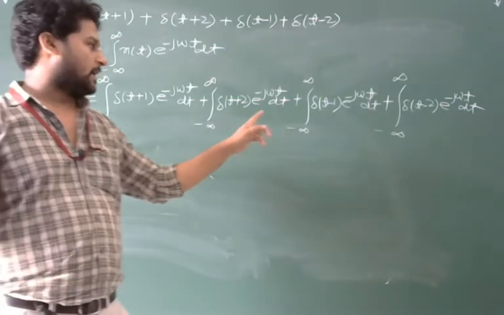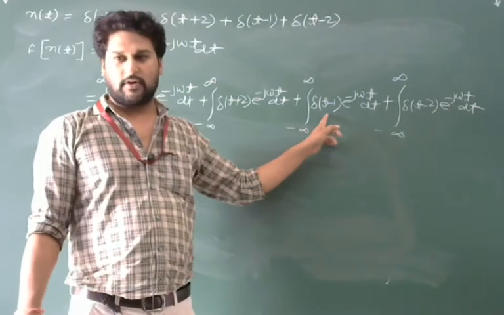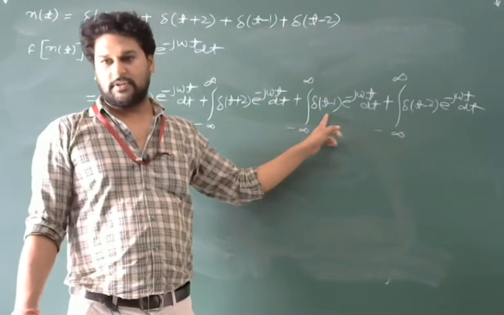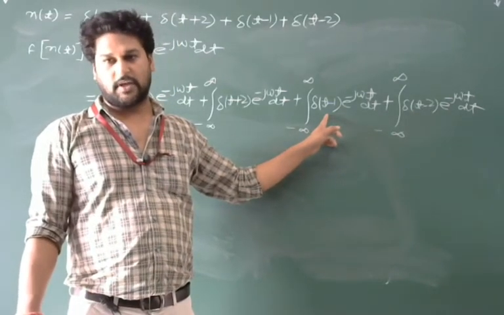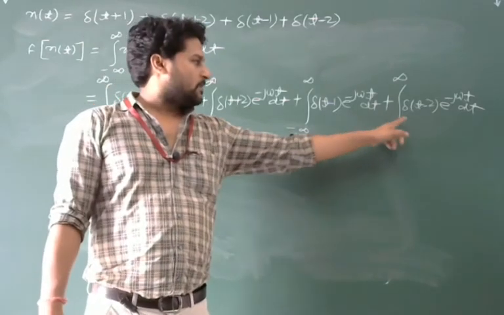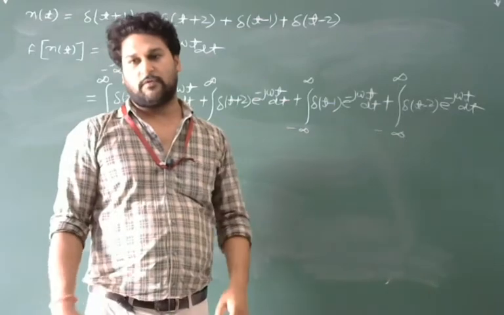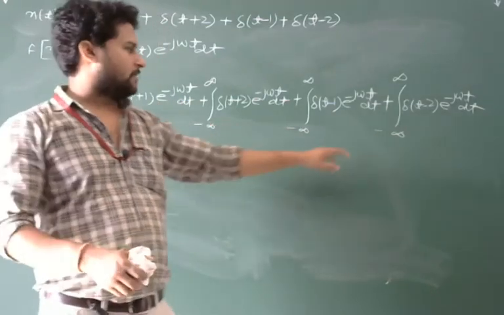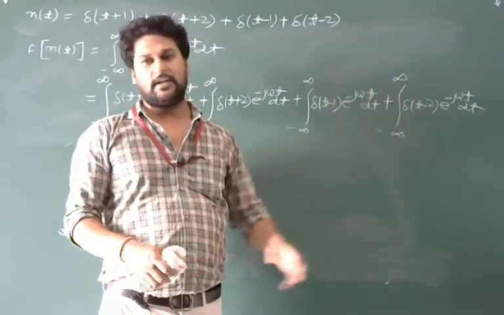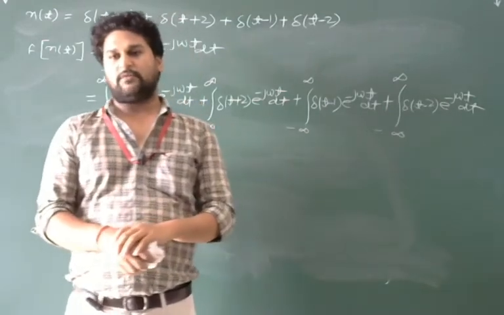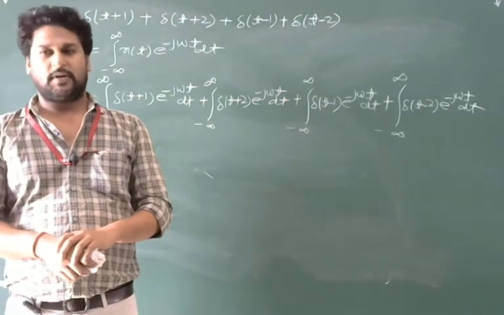Similarly, δ(t−1) will become 0 for all the values of t except at t equal to plus 1. Similarly, δ(t−2) will be equal to 0 for all values of t from minus infinity to plus infinity, but it will give a non-zero value at t equal to plus 2.